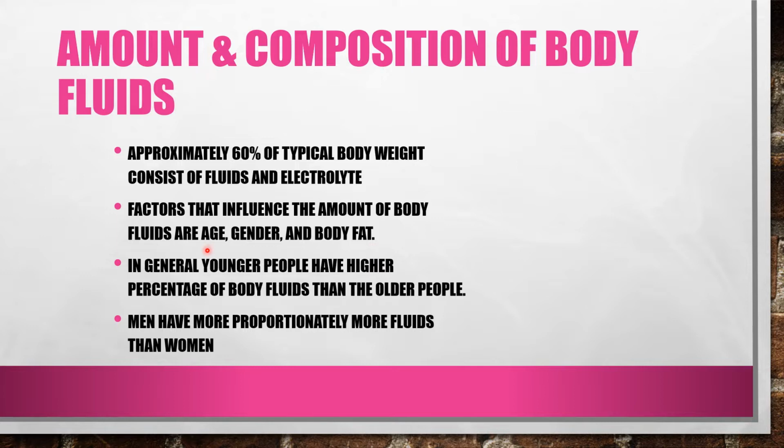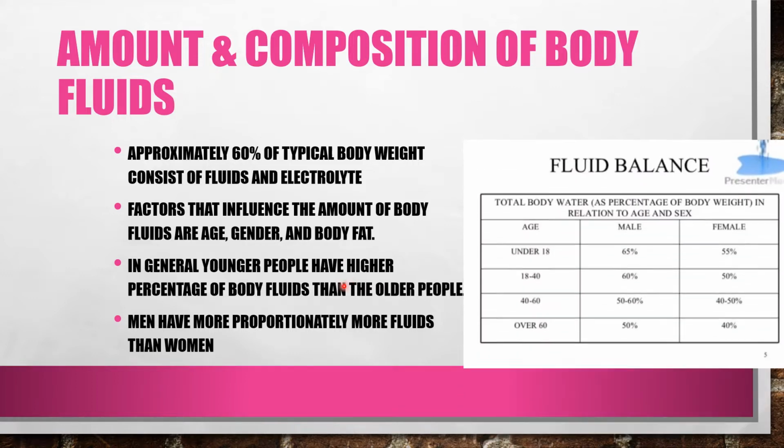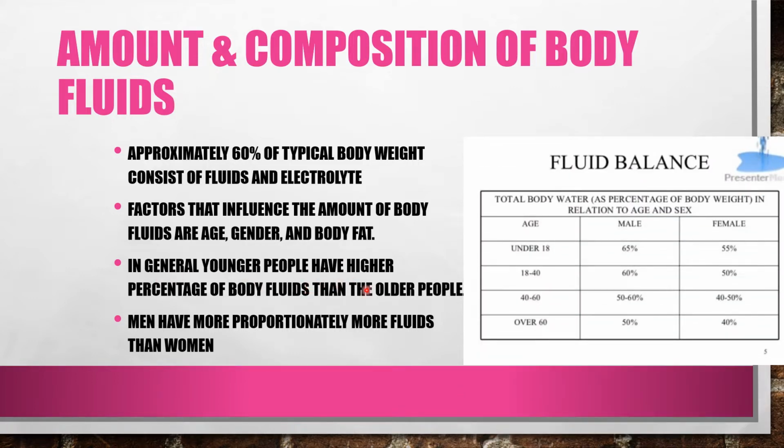Based on age, when we are young, our fluid level is more compared to adults. Based on gender, males have a higher fluid level compared to females. Based on fat, an obese person will have less fluid volume compared to a thin person. In general, younger people have a higher percentage of body fluids than older people. Older people have only 50 percent.